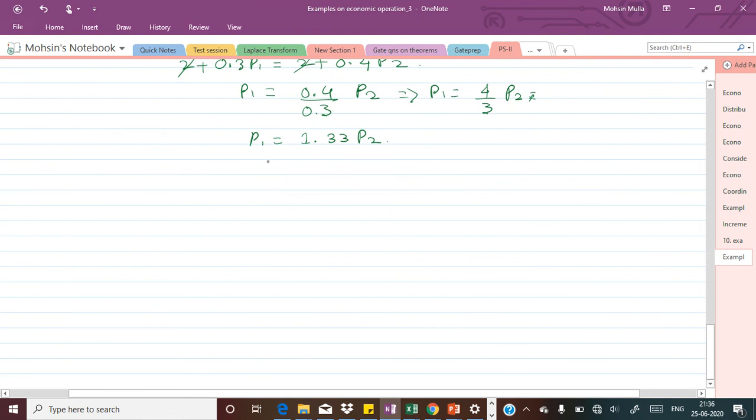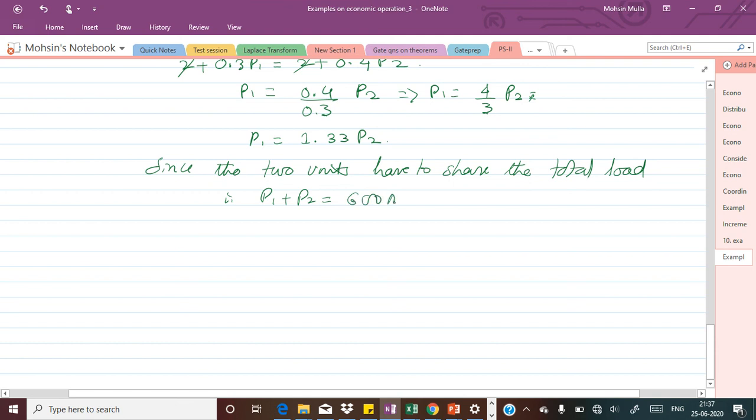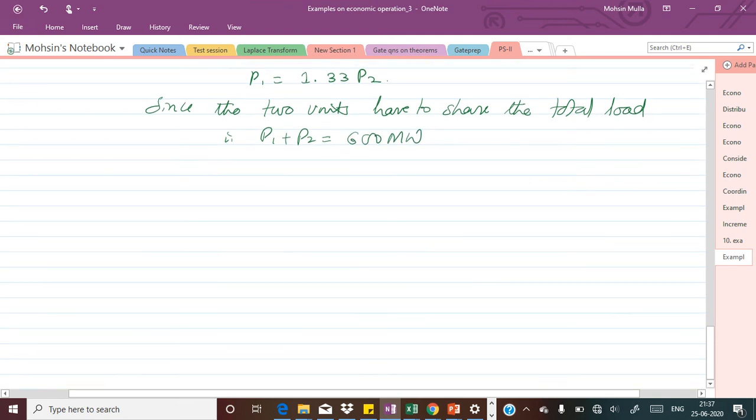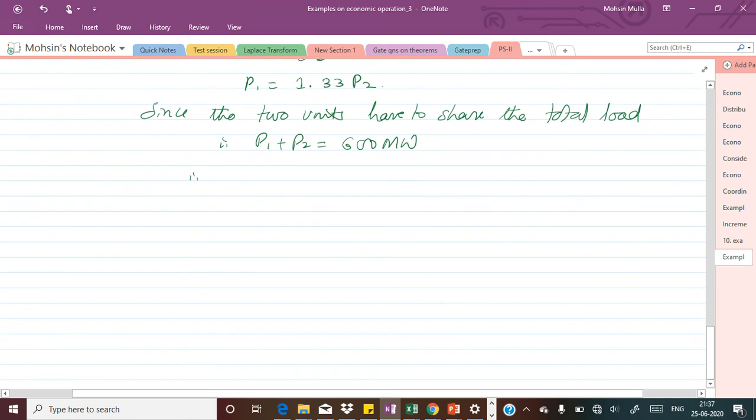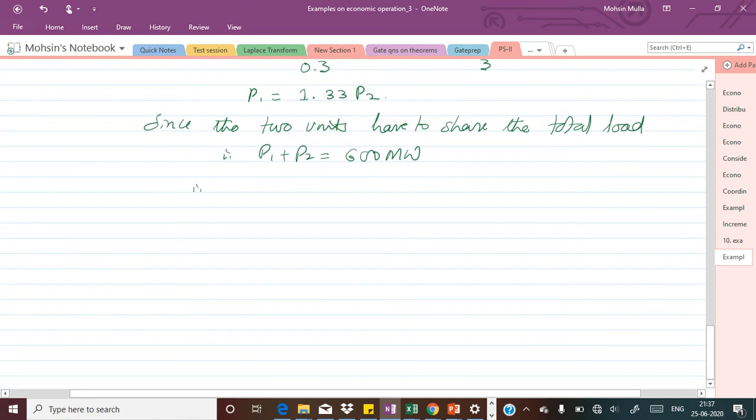Okay, so now the two units have to share the total demand. Since the two units have to share the total load, therefore P1 plus P2 will be equal to the total load. This time the total load given is 600 megawatt. So let us try to find what is the share of P2 in this total load.